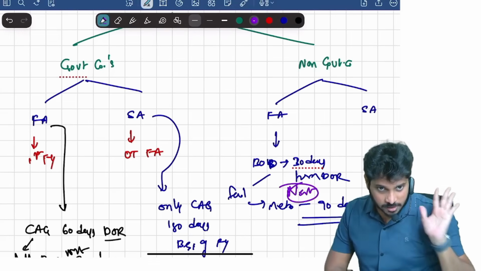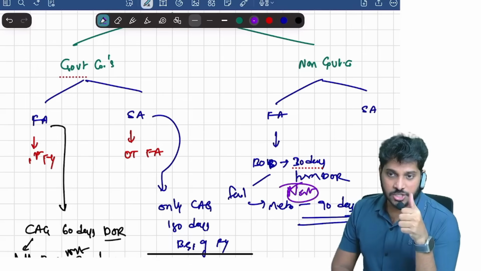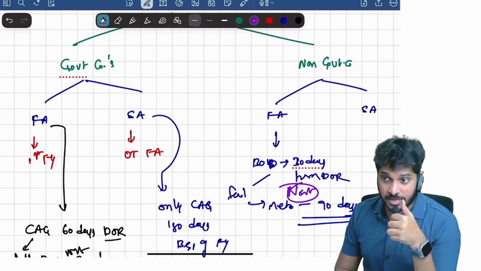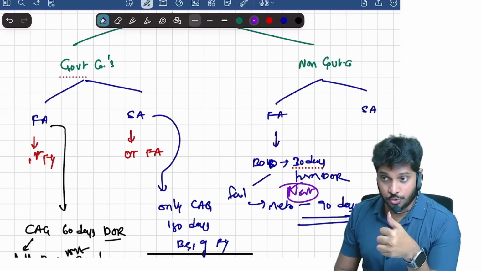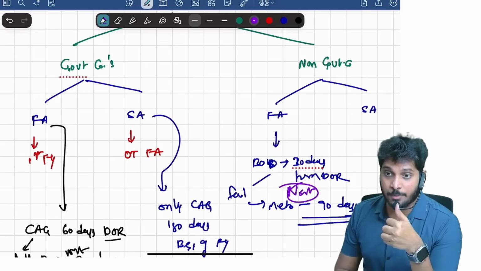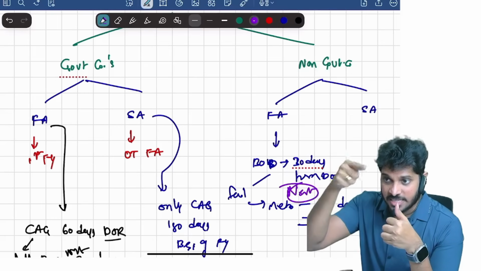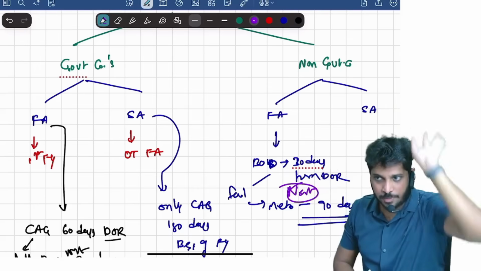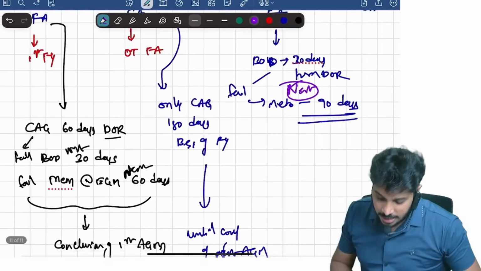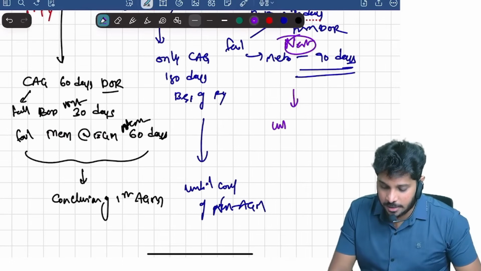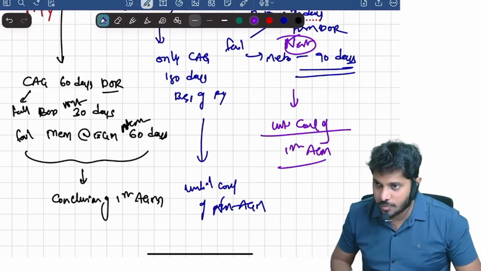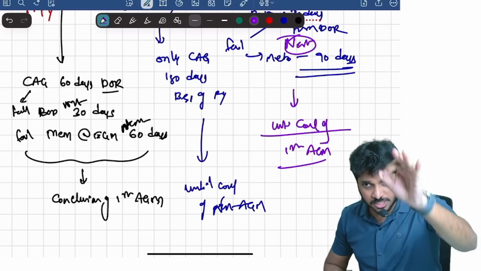If you see the words of the Act, members will appoint within 90 days, not the next 90, which means 90 has to be calculated from the incorporation date. Are you clear? His appointment is also valid until the conclusion of the first AGM.